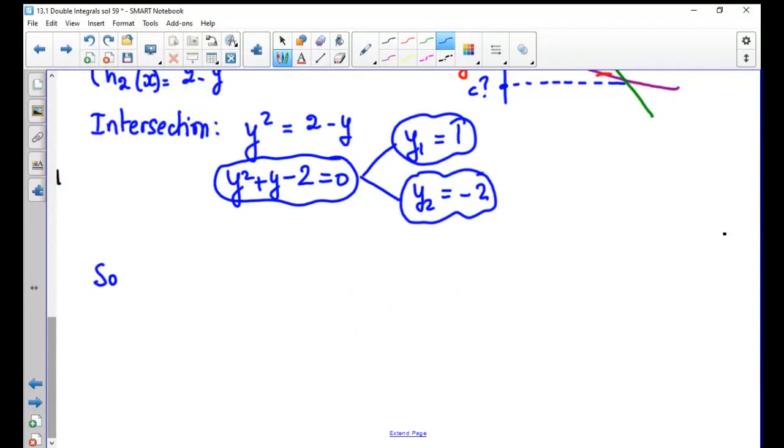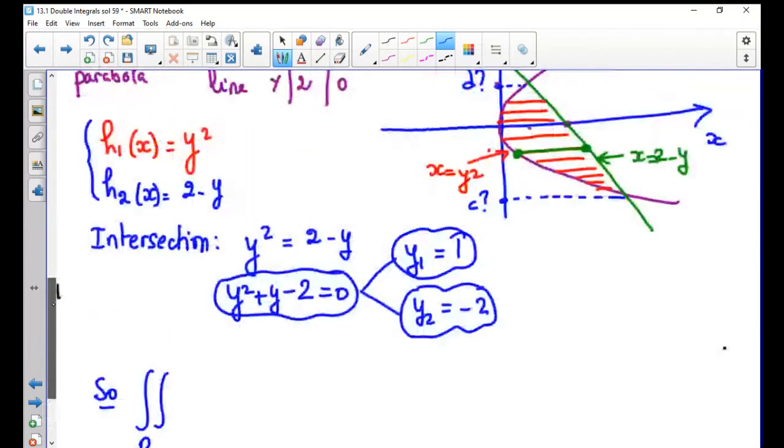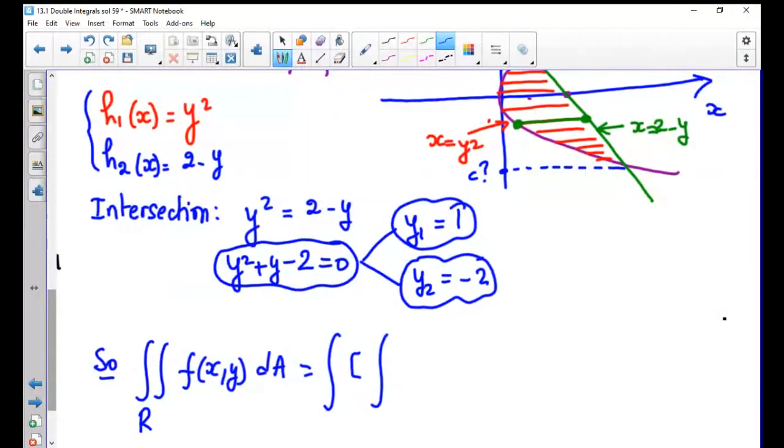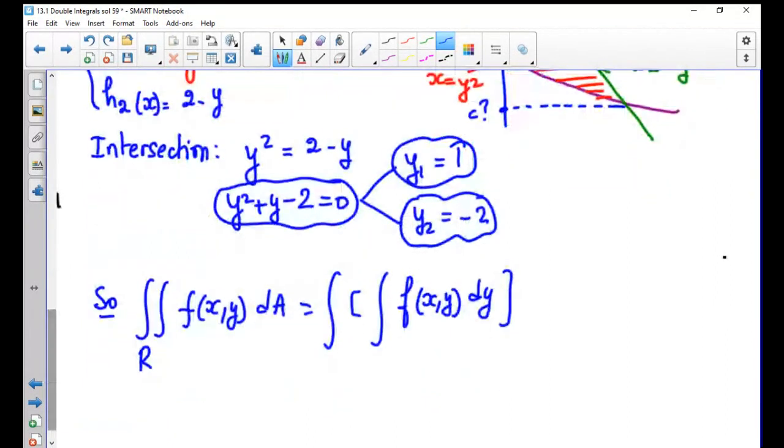So we will say the double integral over R of the function f. We don't have the function, so let me just write f is going to be the integral with respect to y from, so what is what from first here, so I need four things.